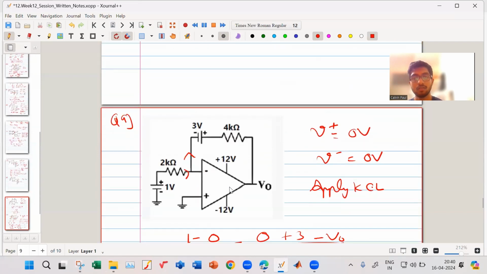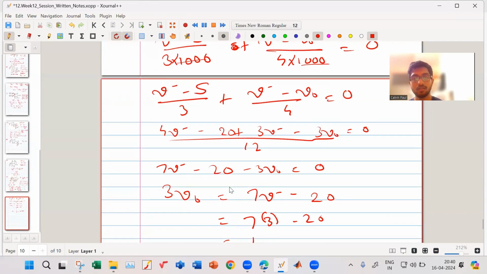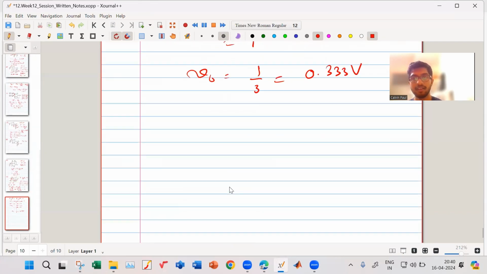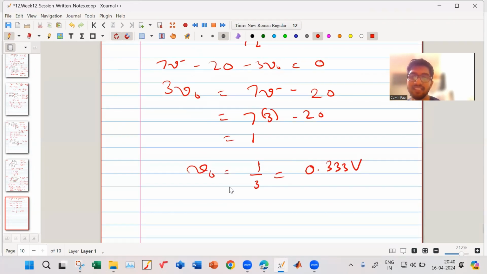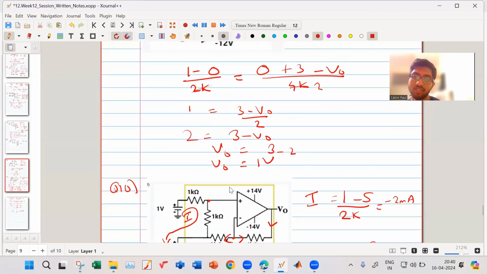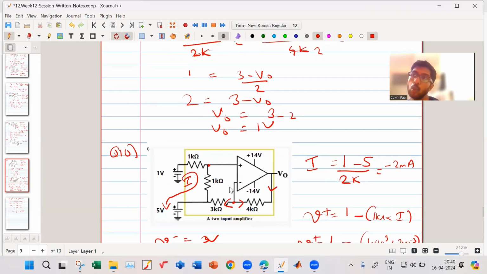And do we have any problems where both feedbacks are present, like negative and positive? They have not shown that actually. Currently, they have not given it, and that would be difficult because then you will have to know which feedback is dominating. In case your positive feedback is more than negative feedback, then you cannot apply the virtual ground concept.